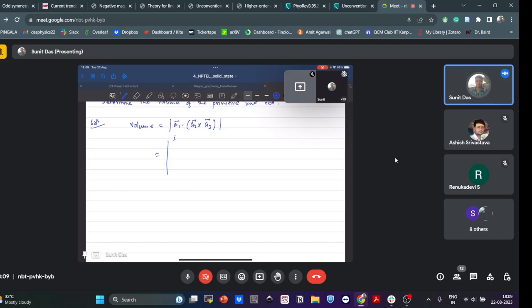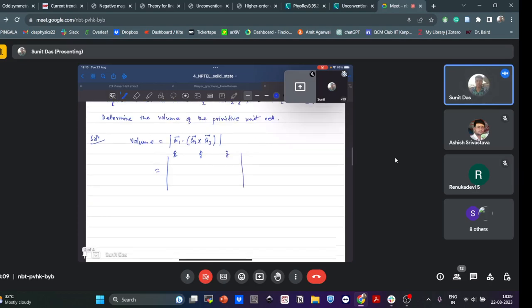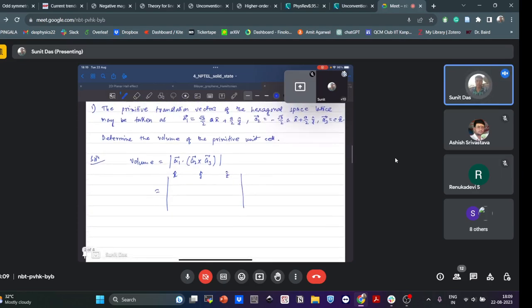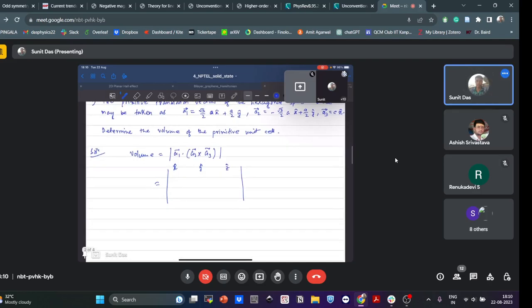Let's say this is x cap, y cap, z cap. So the first row will be A1: root 3 by 2 A, A by 2. This is the x component, this is the y component, and then the z component is nothing, so 0. So HCP means something like this.